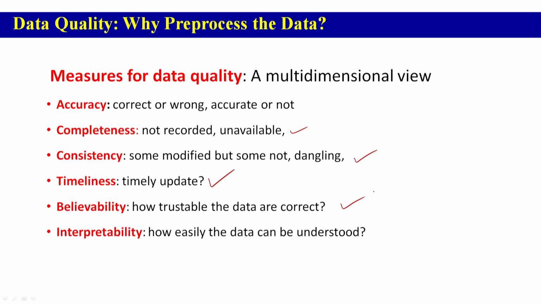Interpretability, how easily data can be understood. I may provide data in such a form that it is very difficult to understand by the common people, right, then it is not useful. So, that is called interpretability.